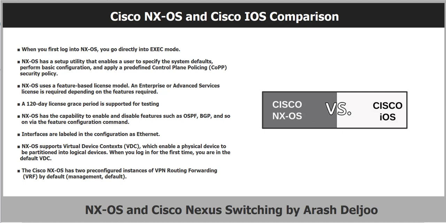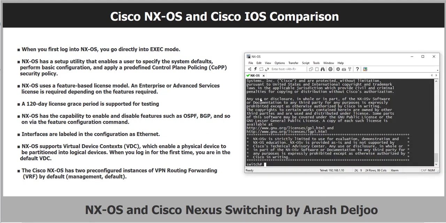When you first log into NX-OS, you go directly into exec mode. Let me show you. As you can see, when I entered the Nexus switch, this is the first mode I can see, actually exec mode or privilege exec mode.